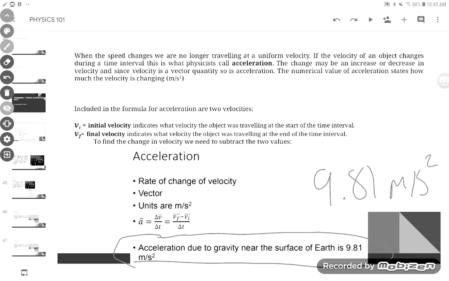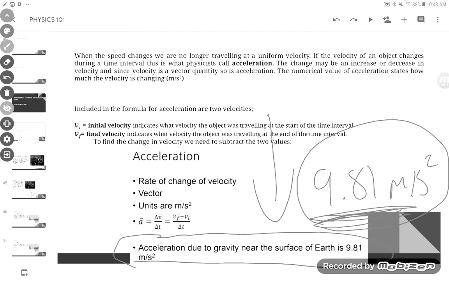You must always remember that because you're going to get a question about a rock dropping off a roof, or a person jumping off a cliff into water, things like that. The acceleration simply by gravity is always 9.81 meters per second squared. So that might be a missing piece of information that you need to solve questions down the line. This number is not in your data booklet, but it's a very important number to remember, and you're going to have to memorize it moving forward.